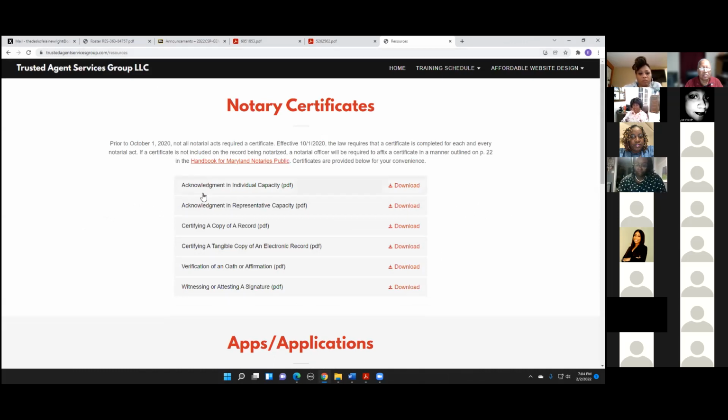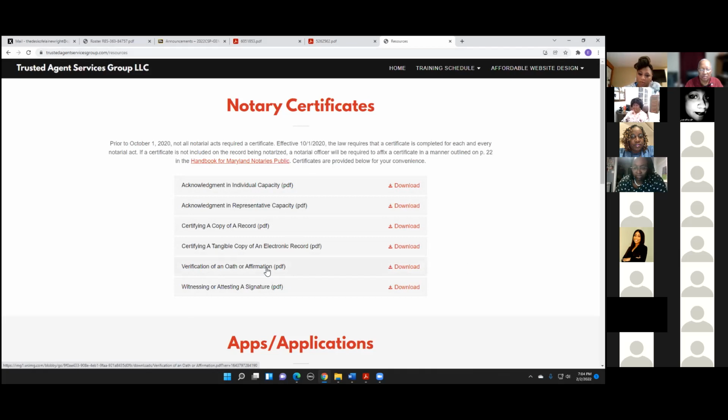So these are the notarial certificates, and it depends. More than likely, you won't be doing an acknowledgement or a verification on oath or affirmation, because in most cases this certificate language will be pre-printed on the document.